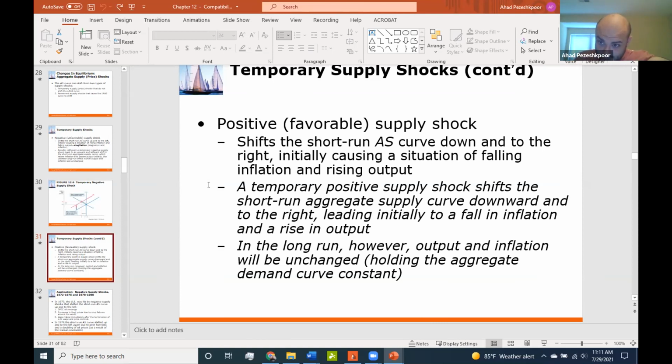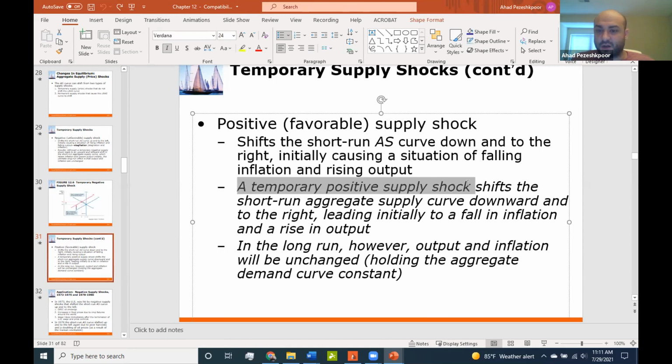Not only does your inflation fall, your output is also going up, so you're very happy. A temporary positive shock shifts the short-term aggregate supply downward and to the right. Therefore, initially, there is a fall in inflation and a rise in output. In the long run, however, output and inflation would be unchanged because the number of workers and everything else stays the same.